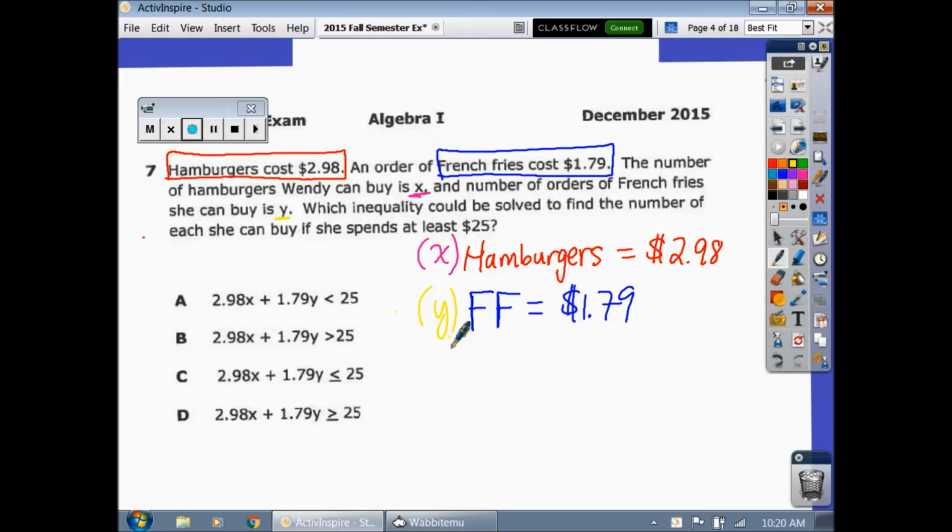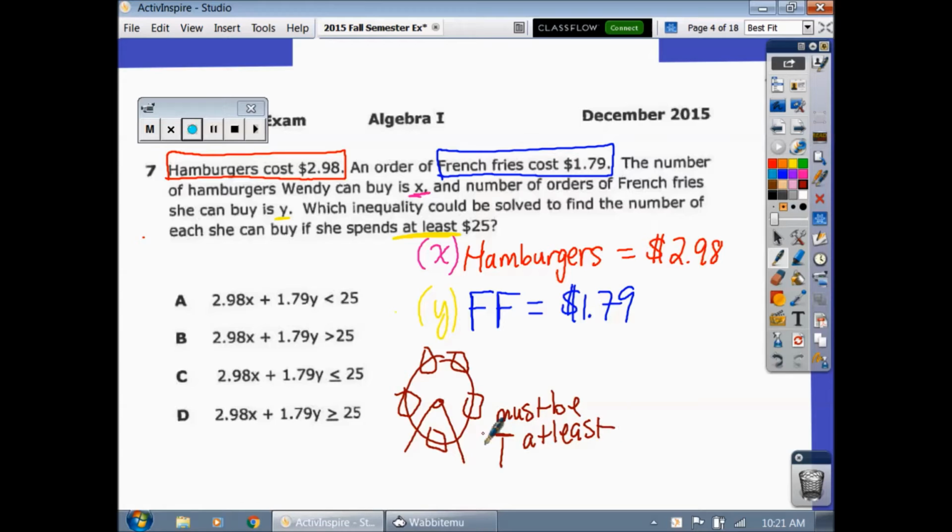Which inequality could be solved to find the number of each she can buy if she spends at least? This is the example I like to use with at least. Here's a little Ferris wheel, yippee, everybody wants to ride, right? I know, I'm an artist. And there's a little sign up here and it says, you must be at least this tall.